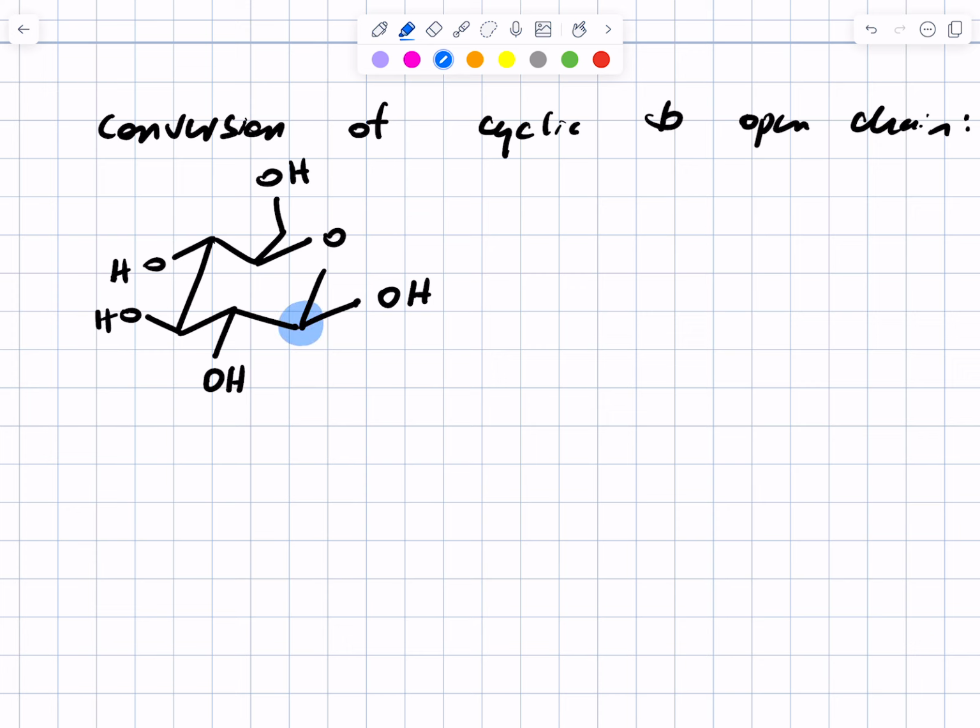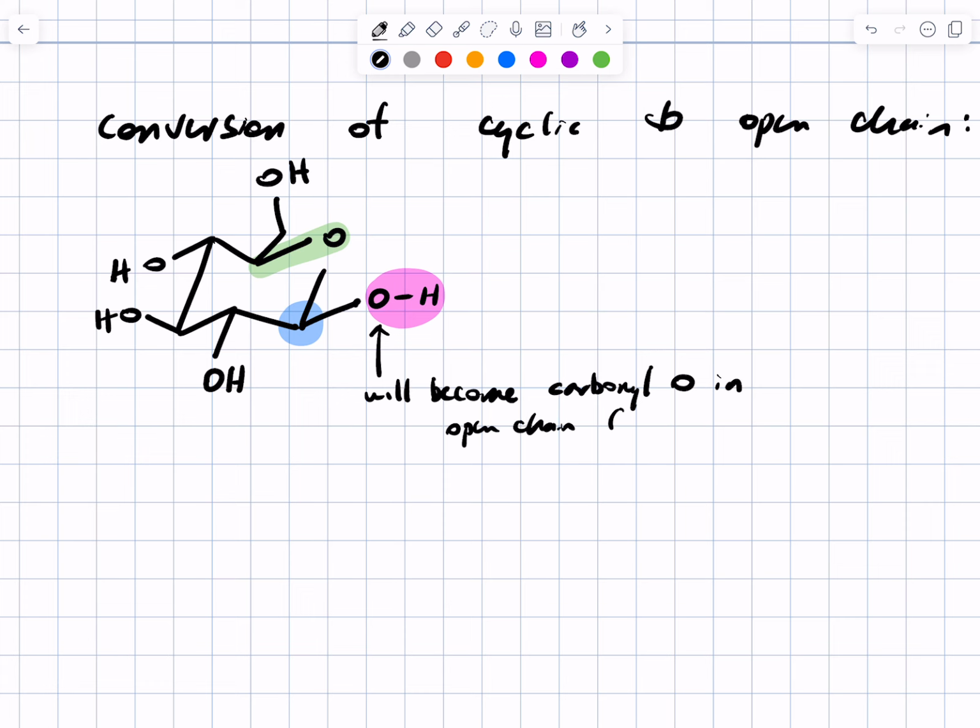That's the carbon that's bonded to an OR group here and an OH group here. When you see that, remember that the OH group in the hemiacetal will become the carbonyl oxygen in the open chain form. And remember that the OR group is basically going to be the leaving group.